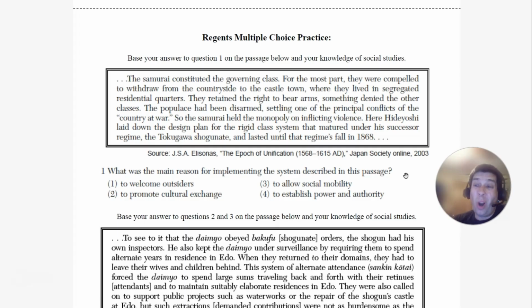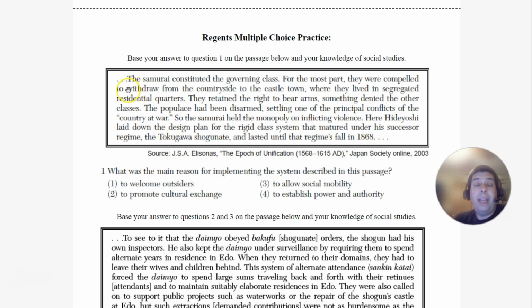And I actually would argue you could probably eliminate 3 of the choices just by using some textual clues and some test taking tips. Again, I point out the ellipses, so if you read the whole document and you're very confused, rather than reread the whole thing again as you're trying to answer questions, focus around the ellipses, these sentences they left in or took out. So the main reason for implementing the system described in this passage.